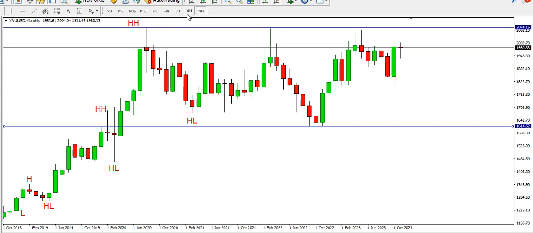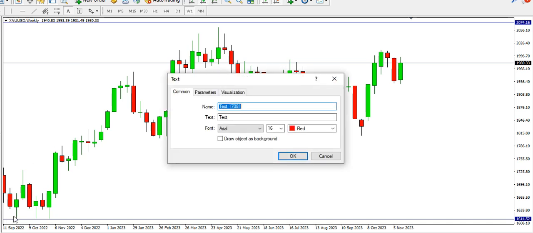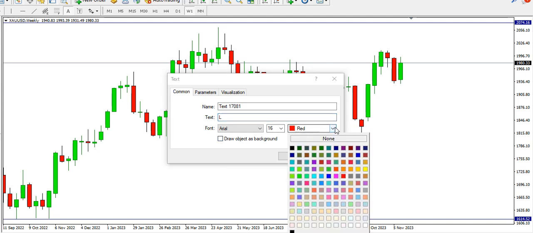Let's look at the weekly time frame to see the structures that we have. We have a low around here on the weekly time frame. We normally start with a low on the weekly time frame. Let's mark it as green.